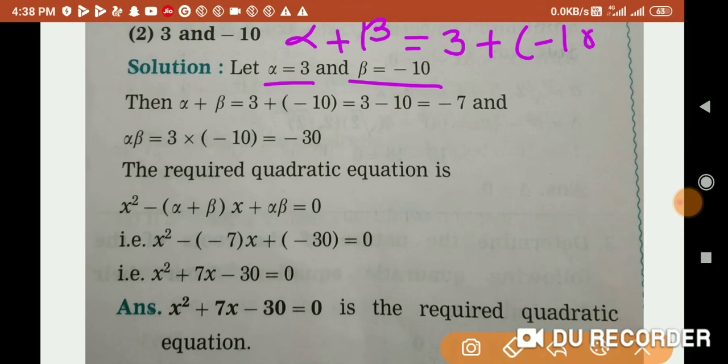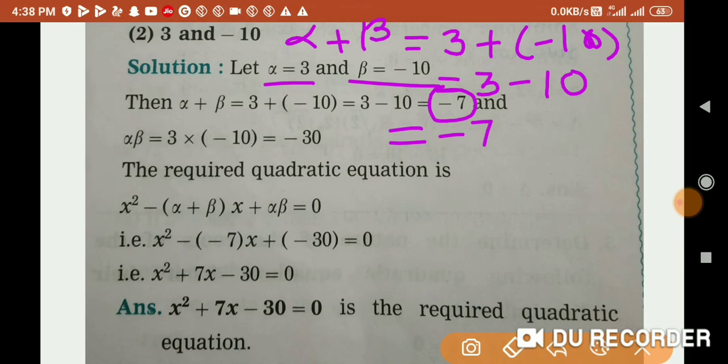Write down these values inside the bracket and solve it. 3 + (−10): plus times minus becomes minus, so we do subtraction and the answer bears the sign minus. 10 − 3 is equal to 7. Therefore α + β is equal to −7.